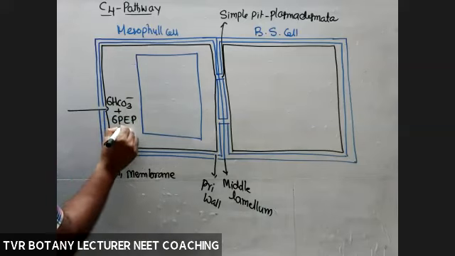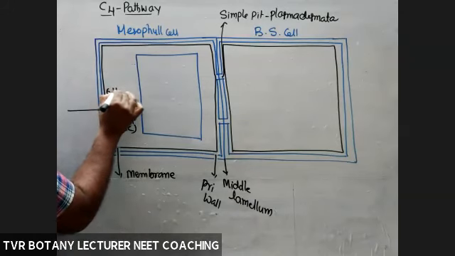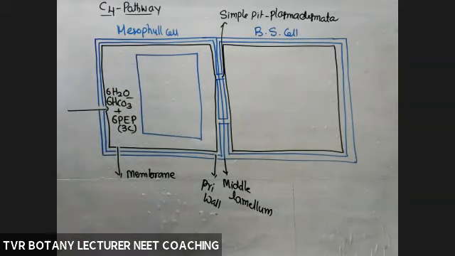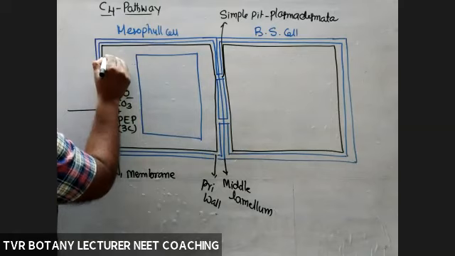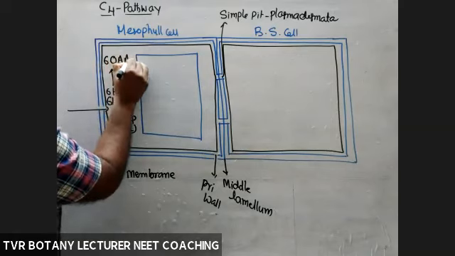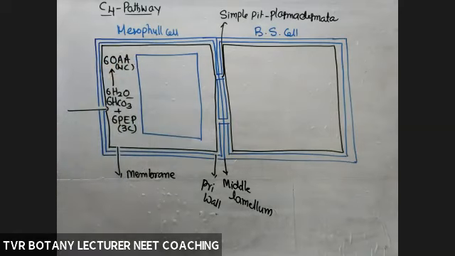Okay, PEP is a 3 carbon compound plus 6 H2O molecules. And the enzyme required is PEPcase, phosphoenol pyruvic carboxylase. So product is 6 molecules of oxaloacetic acid, a 4C compound, organic acid, and the enzyme is PEPcase.